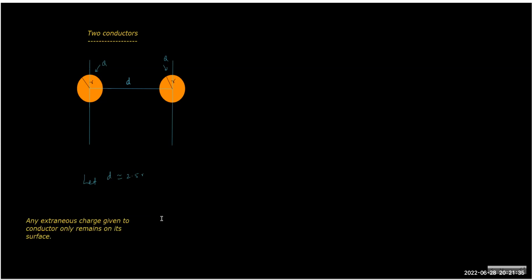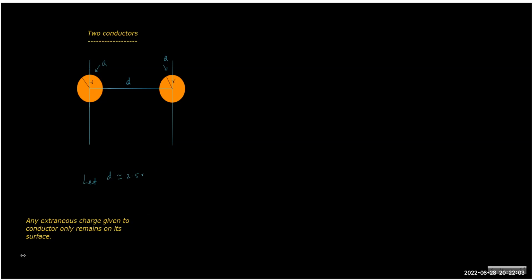Any extraneous charge, it means of course the conductor will have positive and negative charge inside the volume that we cannot disturb. So if you give something, it will go on the surface. And the second thing is, in case of a conductor, charge can actually move over the surface.